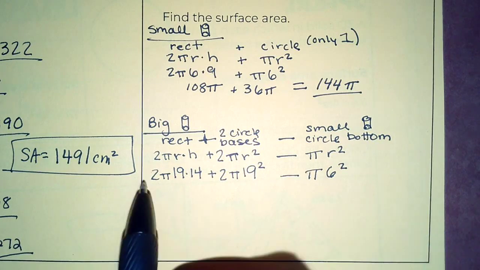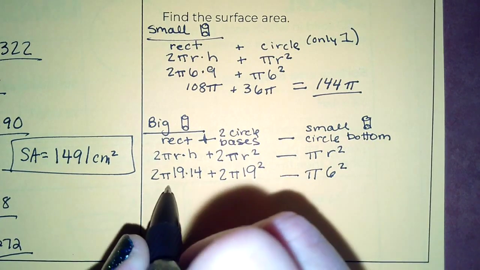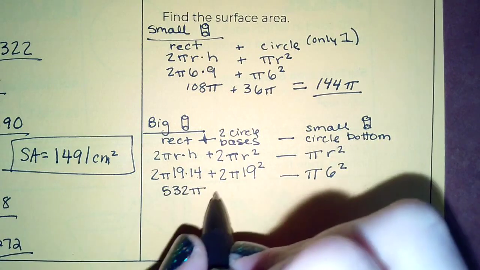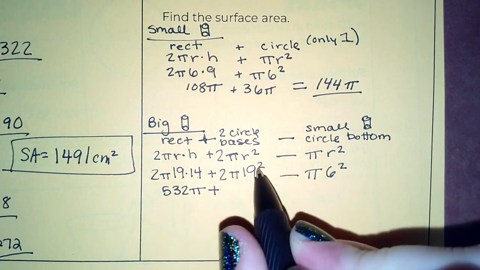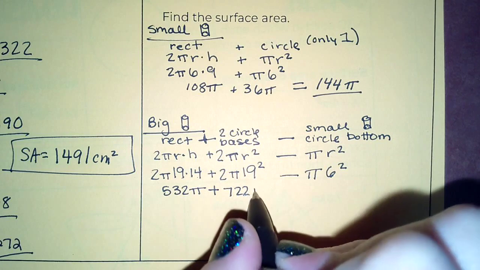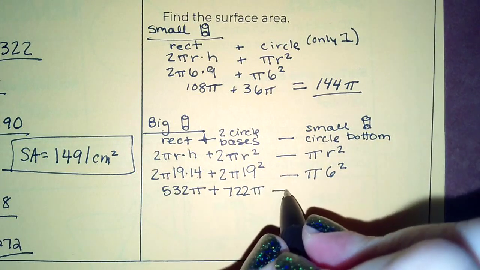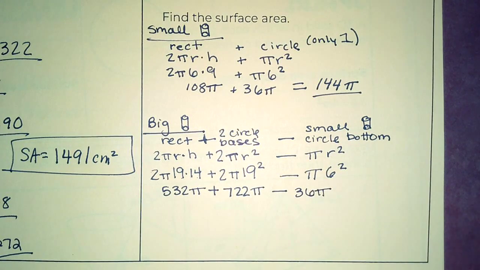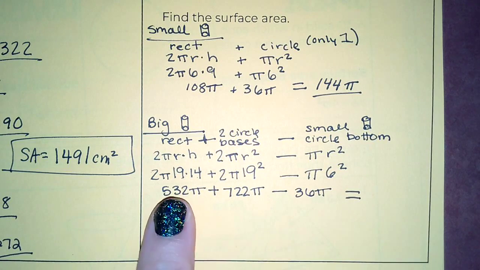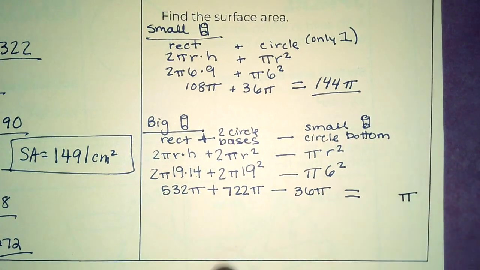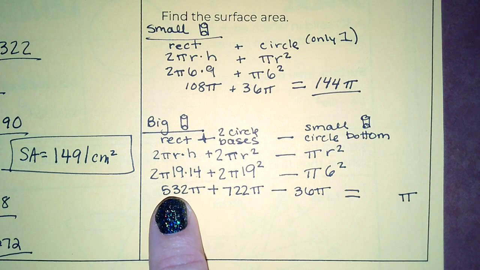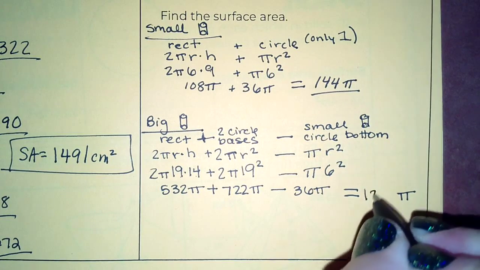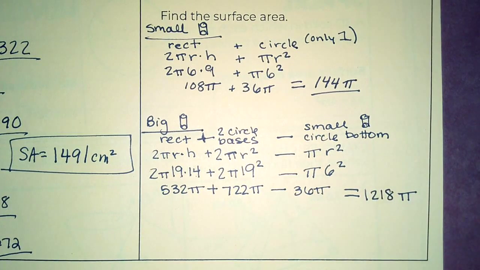Now let's plug into our calculator. 2 times 19 times 14 is 532 pi, plus 2 times 19 squared, 722 pi, minus 6 squared is 36, and we'll leave the pi. Now if we simplify across, it'll be something pi. So we'll do 532 plus 722 minus 36, 1,218 pi.